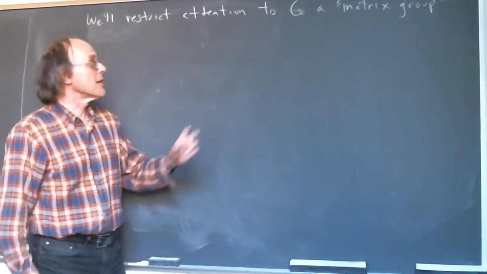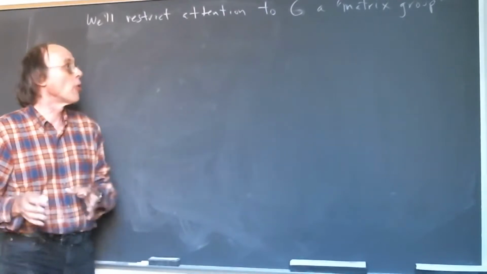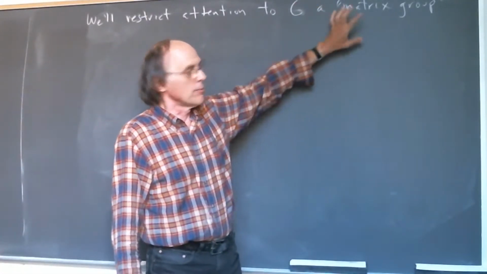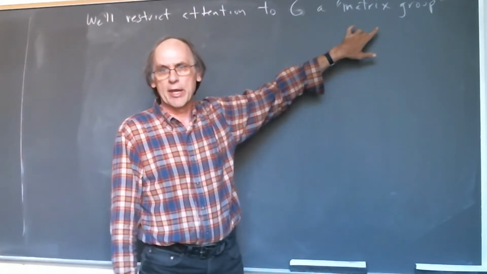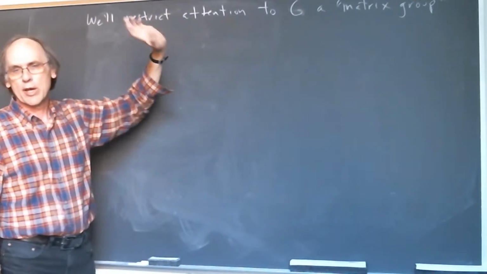What this means is that all the groups we've seen so far, things like U(N) and O(N), were defined by saying elements of the group are given by matrices satisfying some condition. So that's going to be the groups that we're actually going to look at.